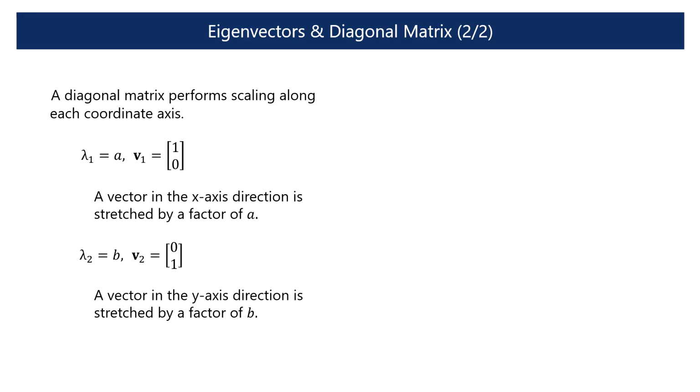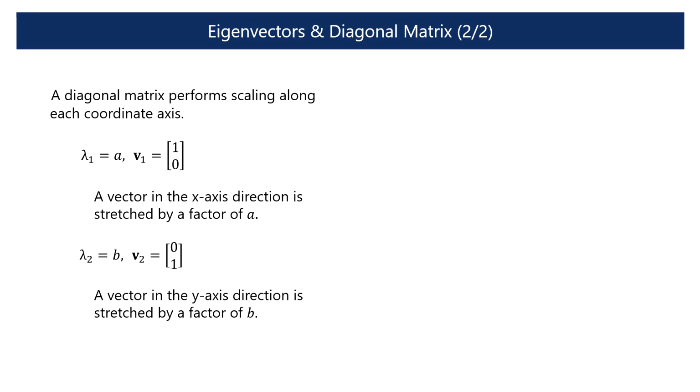Let's interpret the results geometrically. A diagonal matrix performs scaling along each coordinate axis. In this case, the eigenvector v1 is in the x-axis direction, and the corresponding eigenvalue is a. So it is stretched by a factor of a.